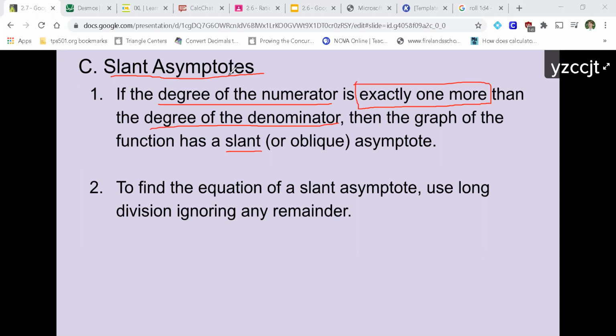If it does, then it has a slant asymptote. If it doesn't, then it doesn't. So for example, x cubed over x squared. The degree of the numerator is 3, which is exactly one more than the degree of the denominator, 2.